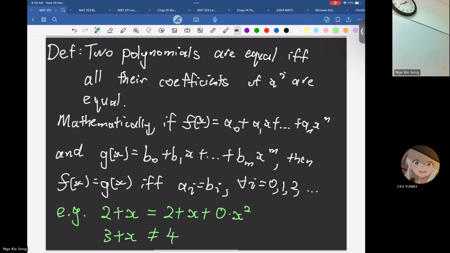You don't want these two things to be equal, right? So in other words, a polynomial is somehow governed by the coefficients only.